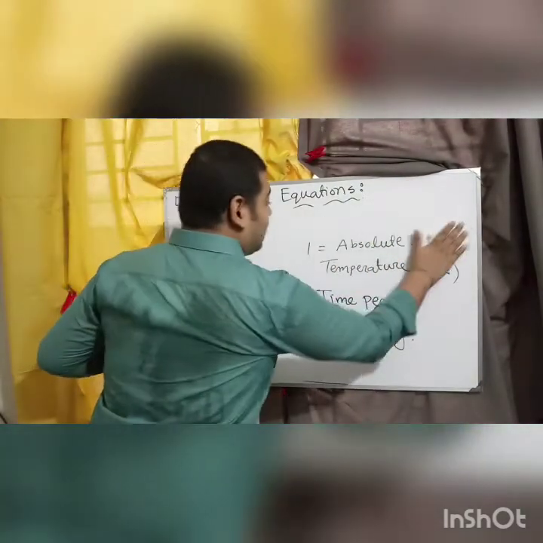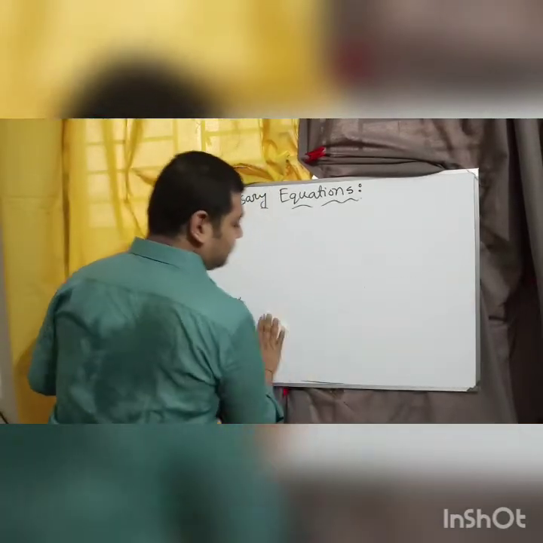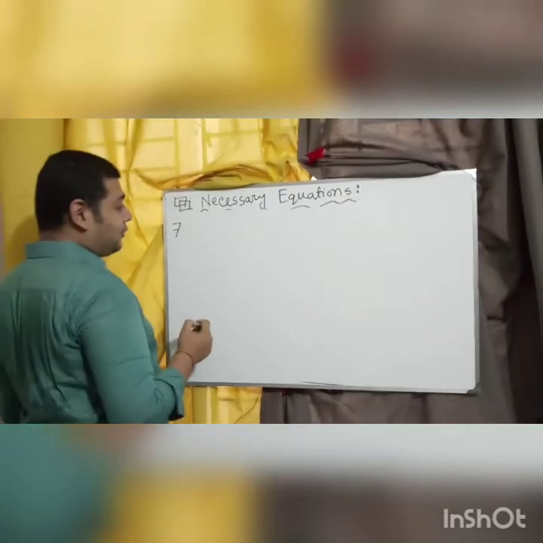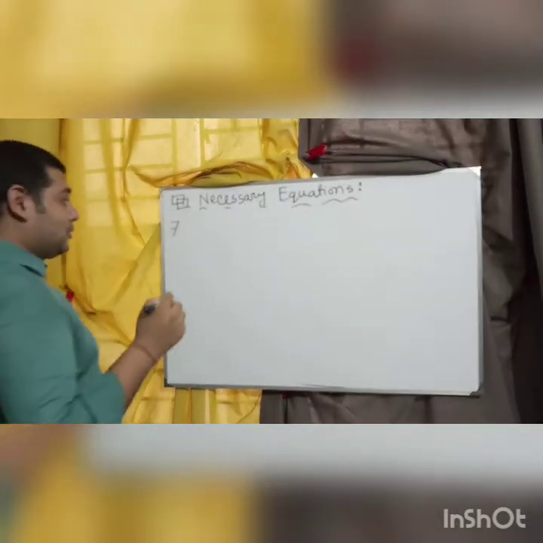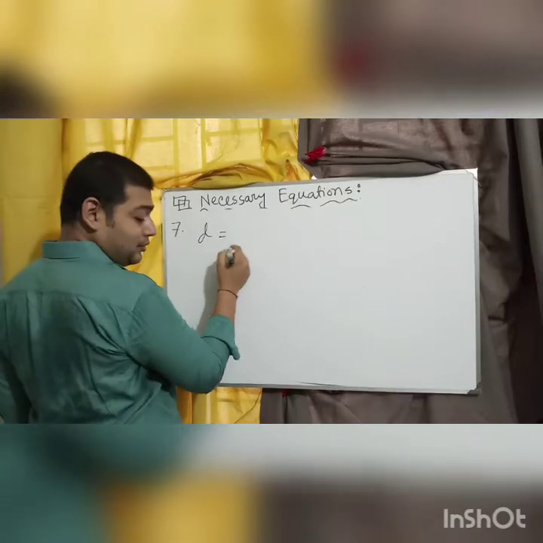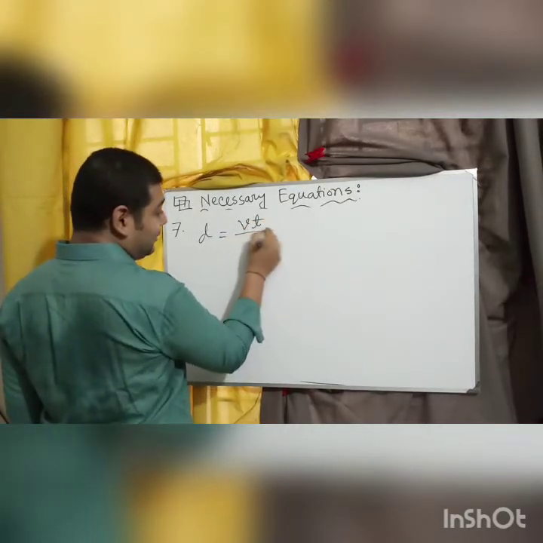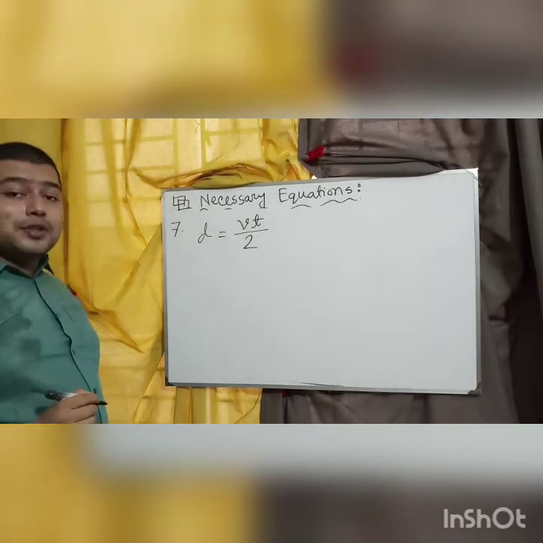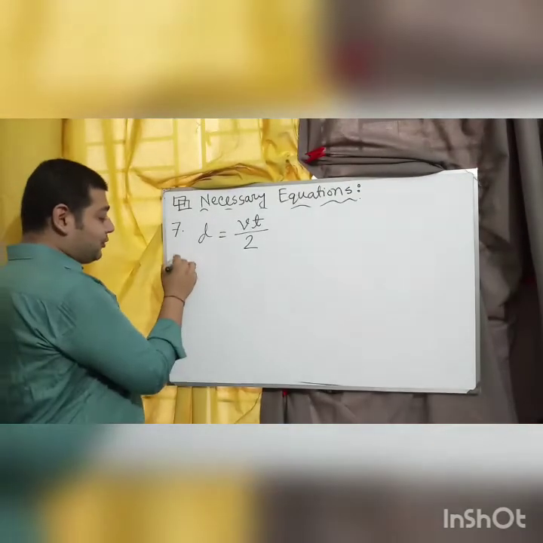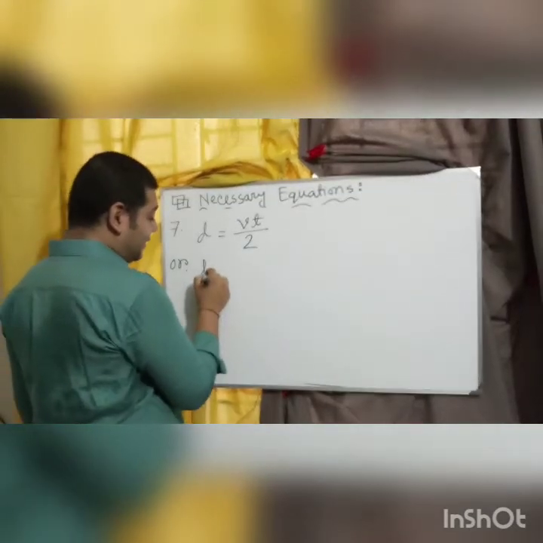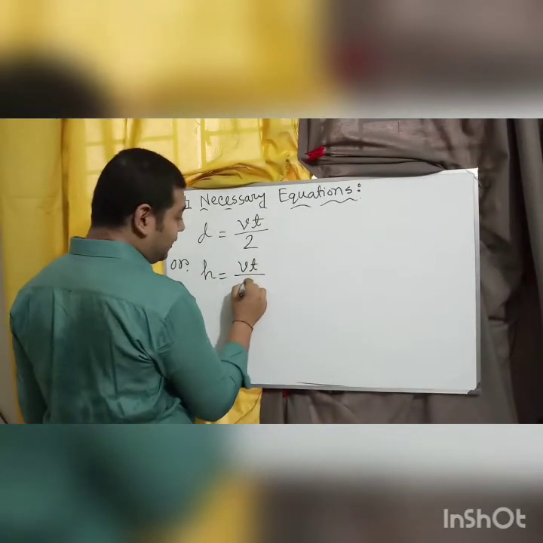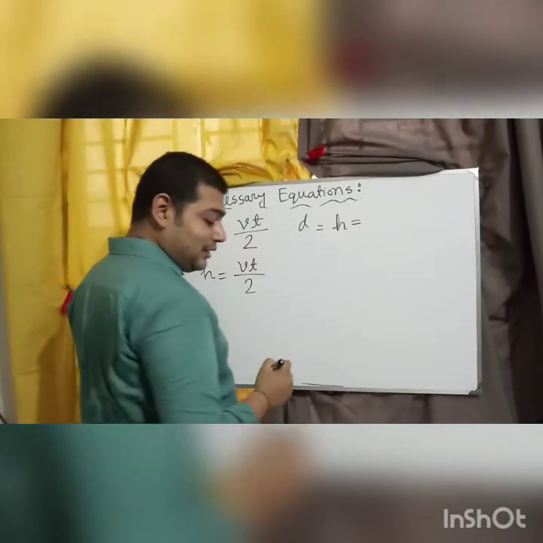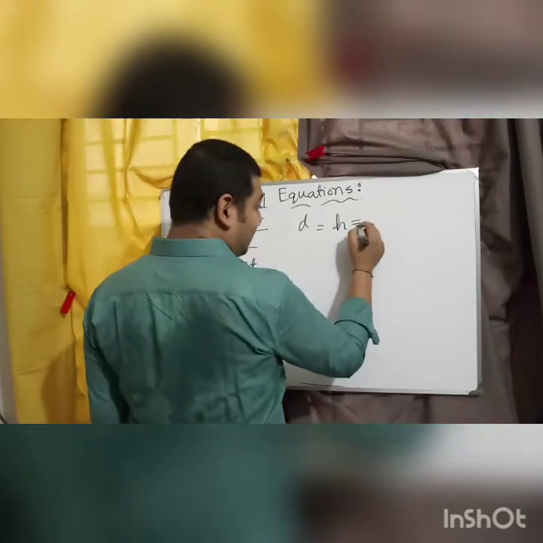So for echo the distance will be d equal to Vt divided by 2, or we can write it as S equal to Vt by 2. Here d or S equal to distance between source and the listener.